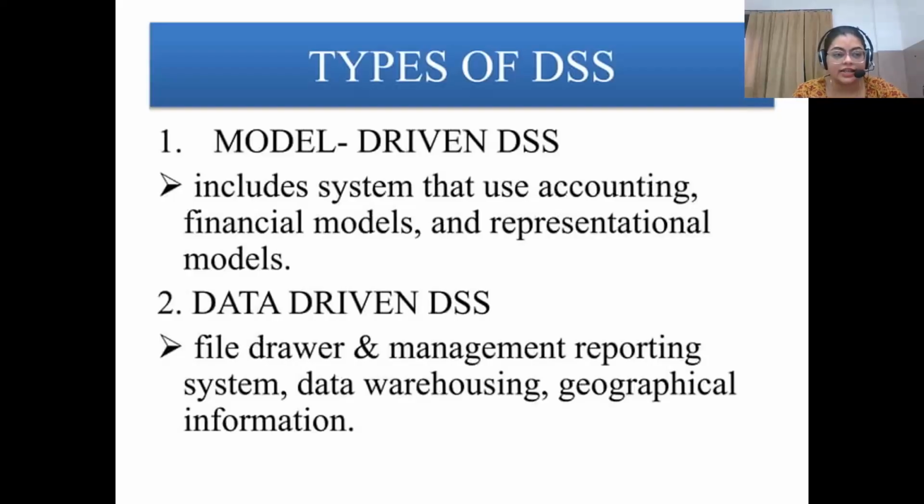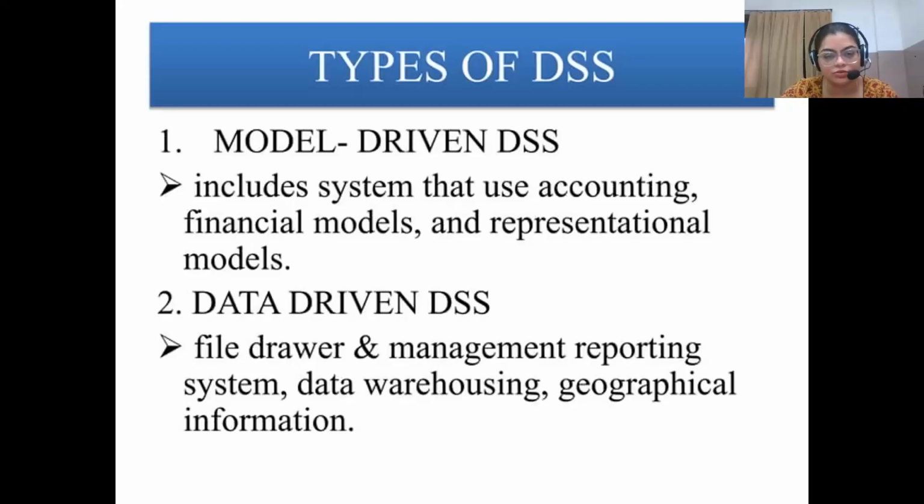Second is data-driven DSS. Data-driven DSS includes file drawer and management reporting systems, data warehousing, and geographical information. It is a computer program that makes decisions based on data from internal or external databases. Typically, a data-driven DSS uses data mining techniques to discern trends and patterns, enabling it to predict future events.